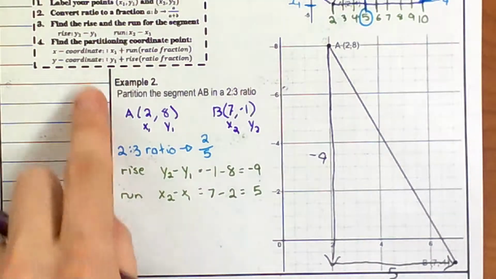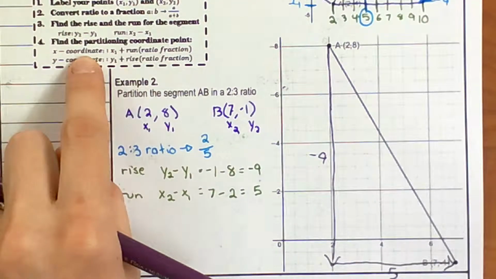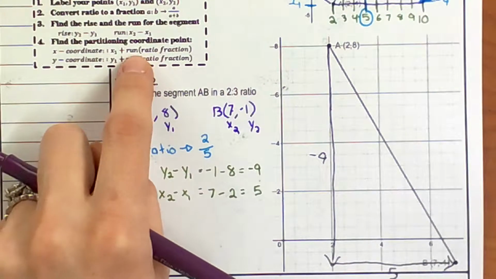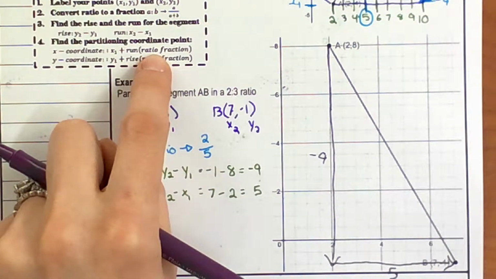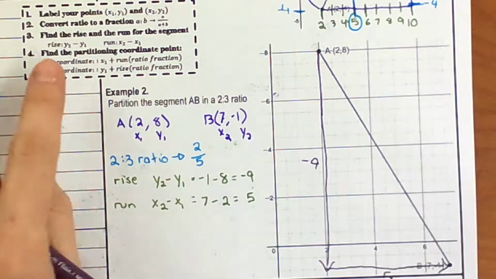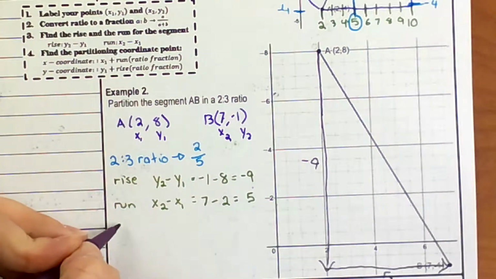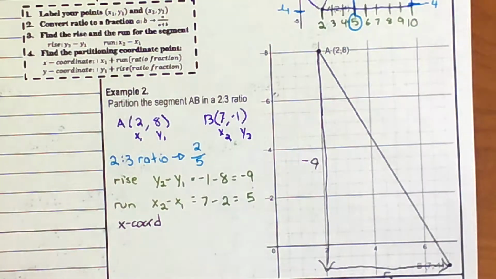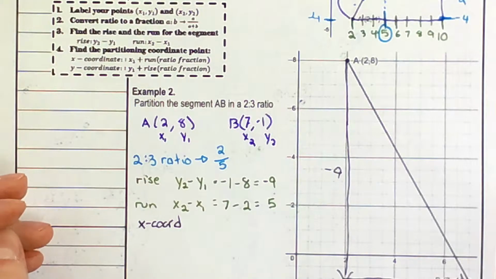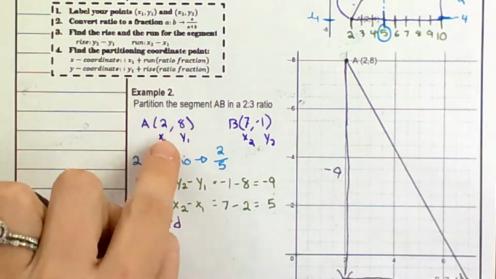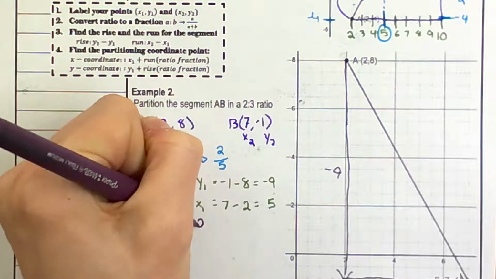So to find the x-coordinate, we're going to take the x1 and add it to my run times the ratio fraction. And we're going to do the same thing for the y. So look exactly what it does. X-coordinate. I'm going to do x1, which is 2.